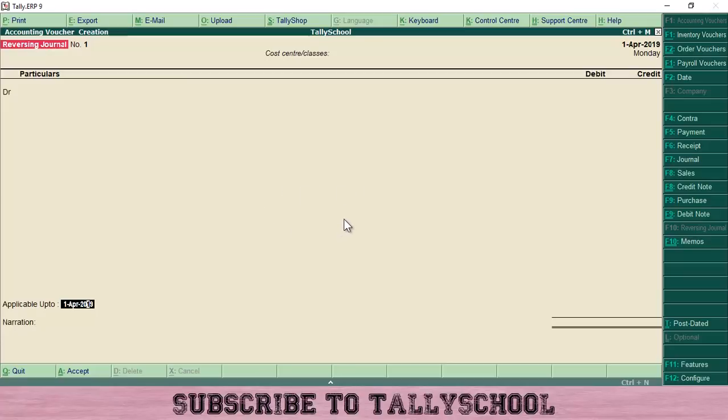You can create reports and ratios then, and you can see how that 1 lakh rupees affects your business. This can also be used if you are creating projections for your business for getting a loan. Then you can use reversing journal and see what the effects are. It will automatically reverse after the certain amount of time which you have set in the Applicable Up To option here. So reversing journal is used for that.